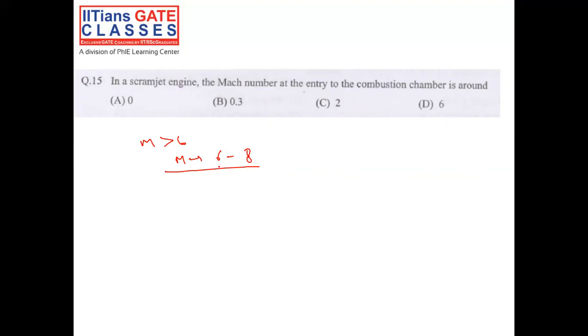So the Mach number at the combustion chamber reduces to around 2.5. So in case of scramjet engine, the combustion takes place for Mach 2 to 3, though it operates at a Mach number greater than 6. So this is the correct answer.